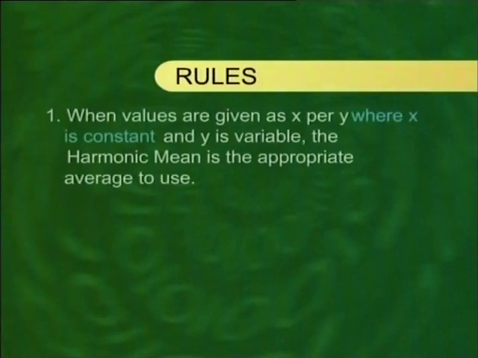The first rule that I would like to draw your attention to is that when values are given as x per y, where x is constant and y is variable, that is the situation when the harmonic mean is the appropriate average to use.